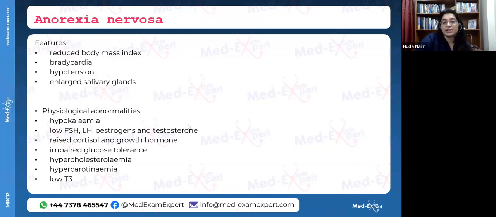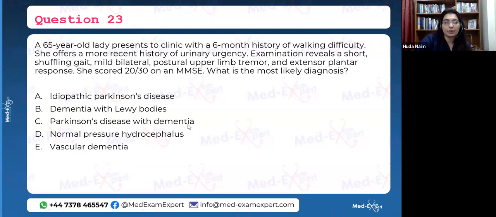Basically, the patient has a reduced body mass, enlarged salivary glands, hypokalemia, and low FSH and LH, but they have raised cholesterol and growth hormone. They have hypercarotenemia. So try to remember all of these physiological abnormalities in anorexia nervosa. Usually you do get a question like that on the exam. Okay.